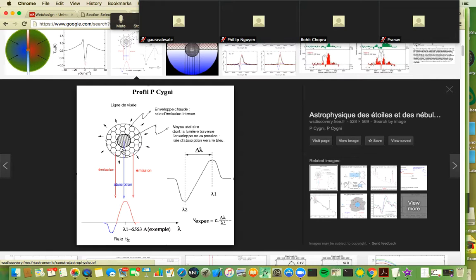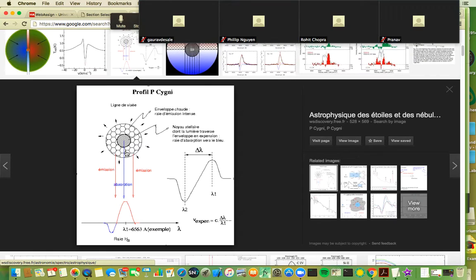Since this shell is expanding and moving towards you, now you have the Doppler effect to take care of. If there was no expansion, if you get rid of all these arrows indicating expansion, you have just a shell, stationary, like an aura, if you like mystic things. So you have a star and a shell that is not moving, and the shell is emitting Balmer hydrogen light or transitions.